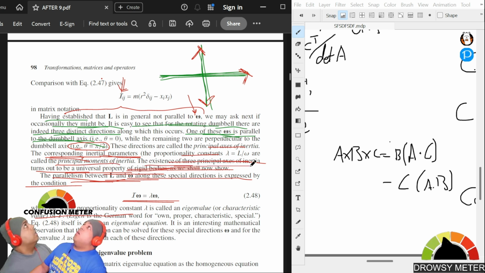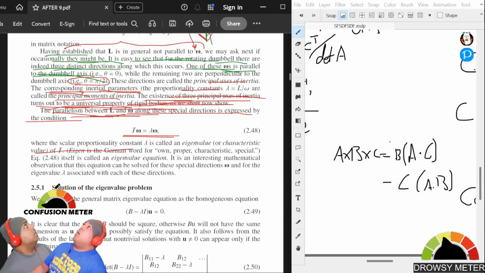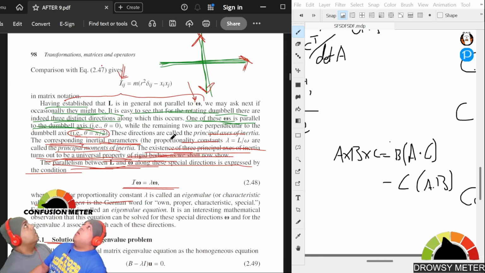The existence of these principal axes of inertia turns out to be a universal property of rigid bodies. Wait, so one is a problem, one is a solution. So all this is just showing us a problem. I guess the problem is to find a solution to this.